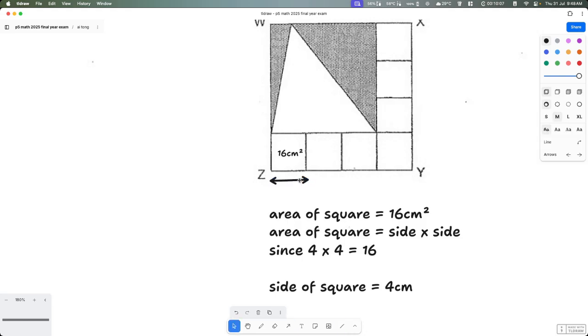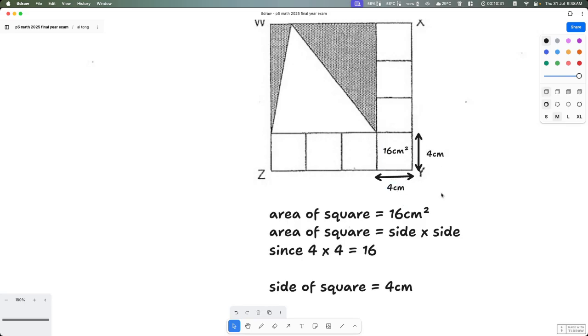So this will be 4 centimeters, and this is 4 centimeters as well. I don't know why there's an extra space below, but yeah.